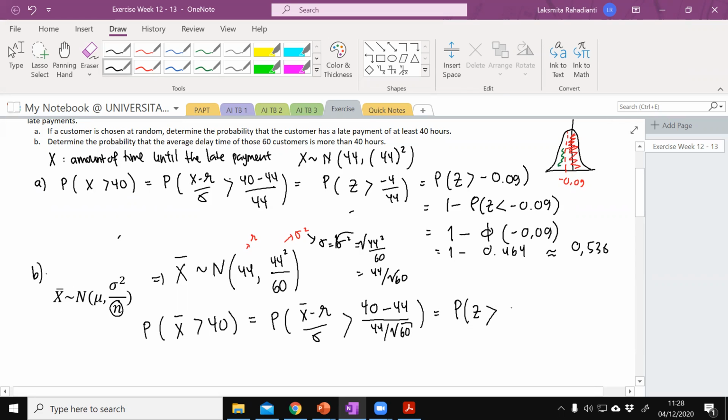So I've already pre-computed that, and it falls somewhere around -0.70. And once again, larger than cannot be computed, but I can compute 1 minus P of Z less than -0.70, or in other words, 1 minus phi of -0.70, which, if I look up the table, is around 0.75.